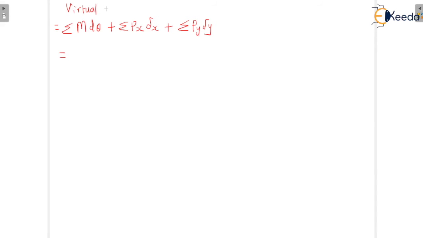This is Bernoulli's principle, the virtual work done by real forces. Now del x is nothing but y d theta, and del y is nothing but x d theta.